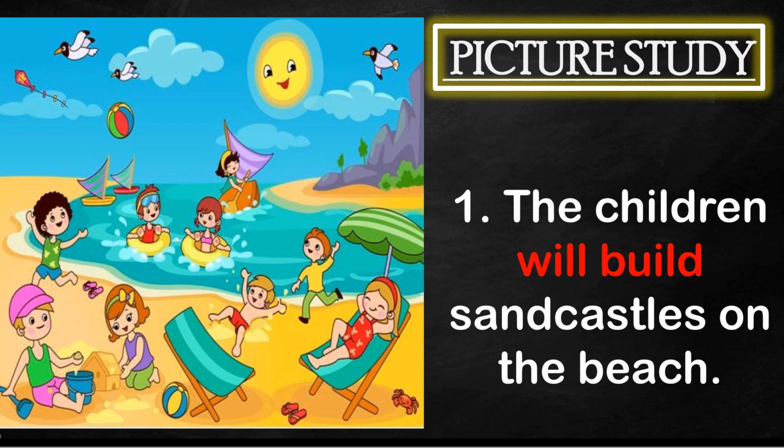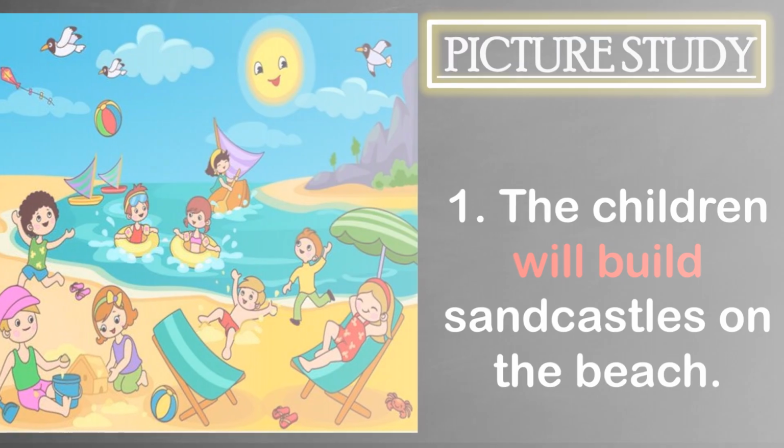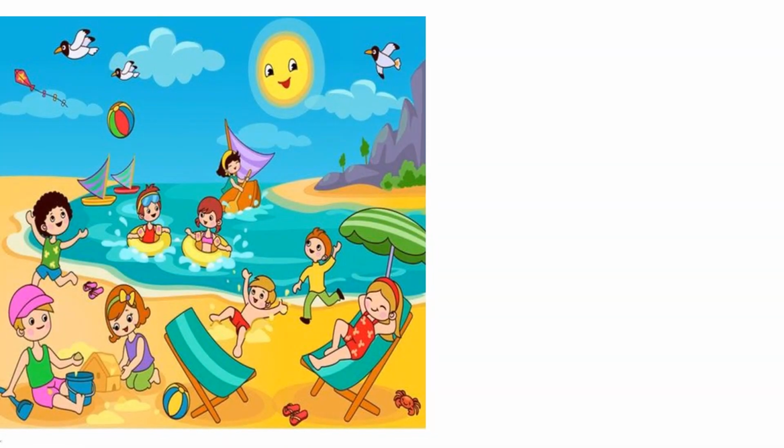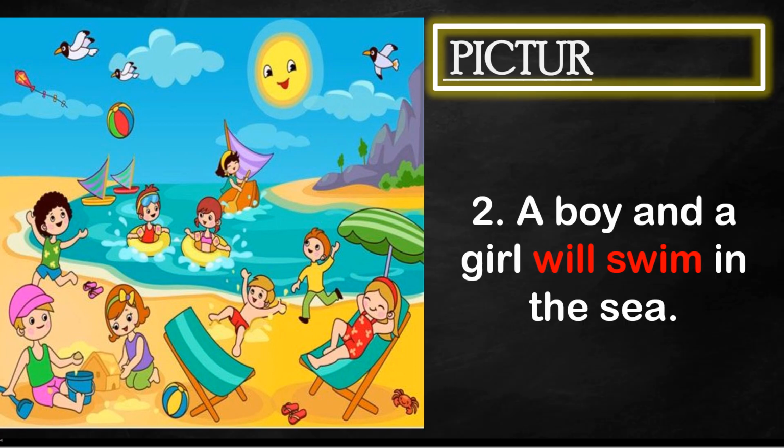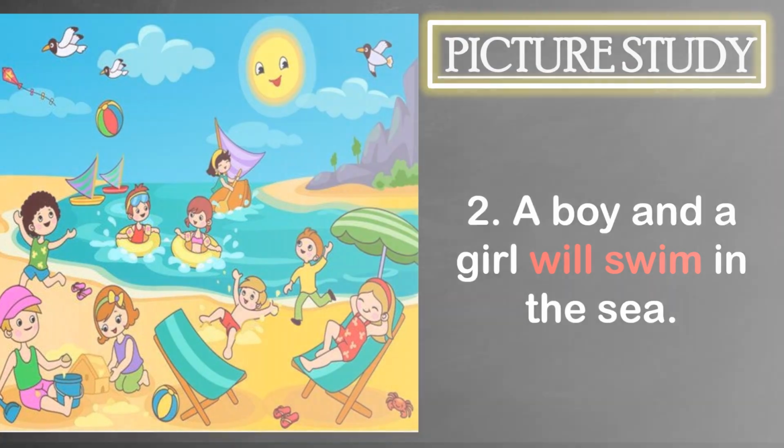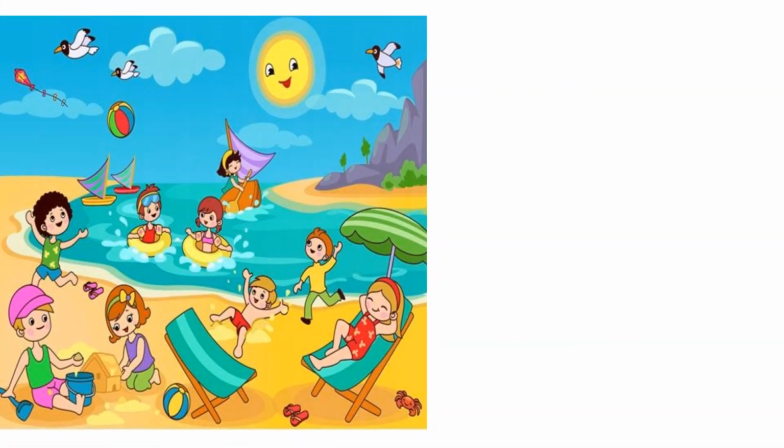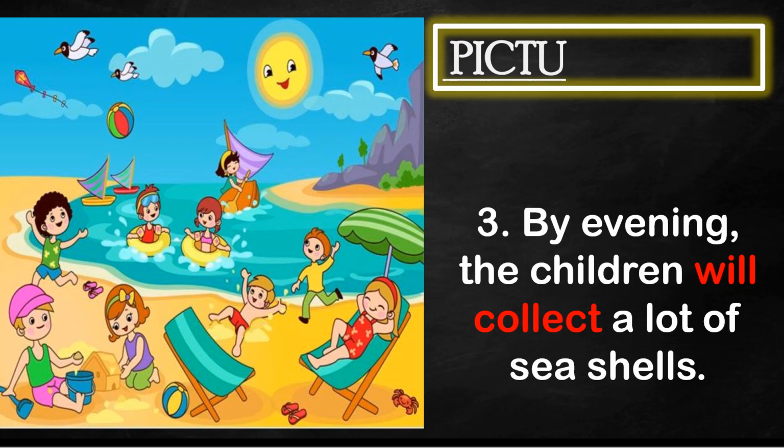You would describe it as the children will build sandcastles on the beach. Another way in which I would describe it as, occasionally I will see a boy and a girl will swim in the sea. And by evening the children will collect a lot of seashells.